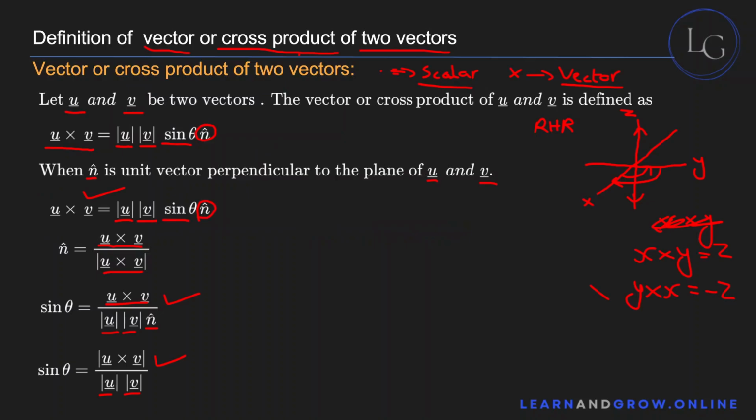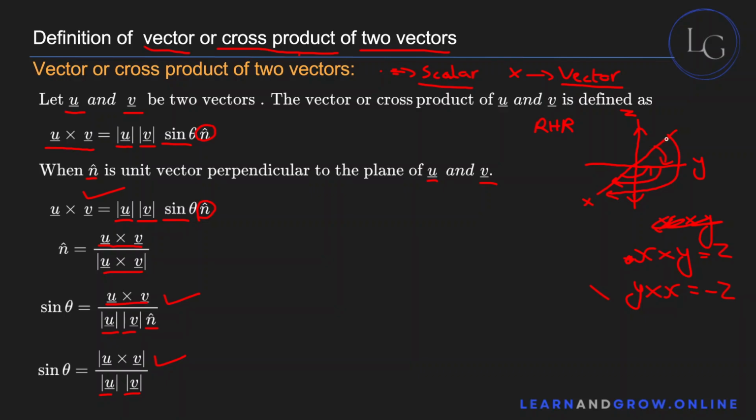Because if you see over here in the right hand rule, when you remember that x cross y means going from x to y with the thumb pointing towards the positive z, that just basically means that if you take the negative of x, that means it is the negative x-axis. So from negative x-axis towards y, which is this direction over here, that is basically the same as y cross x, because it's going like this, right?